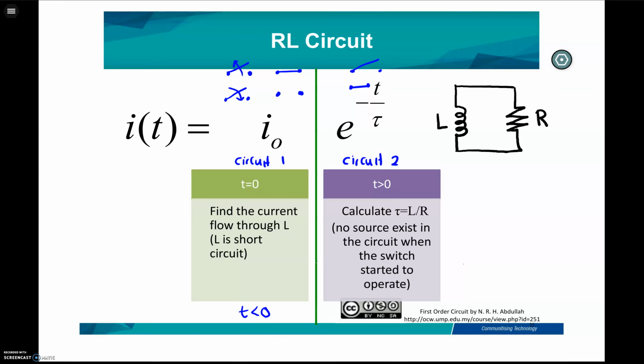In the first circuit, you can find the I naught that flows through the L. For circuit 2, you can see that there is no connection to the source. Your circuit only consists of L and R.